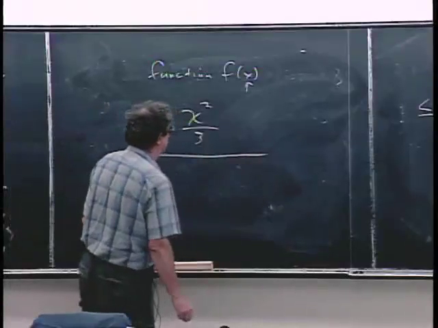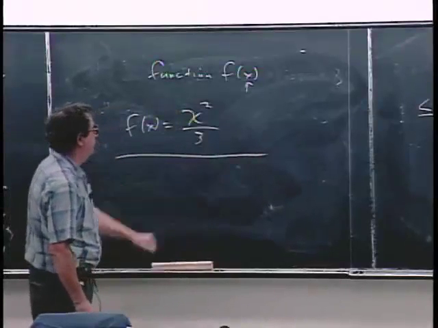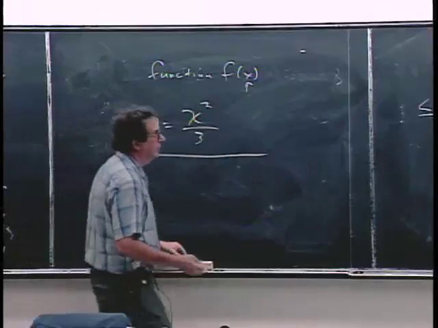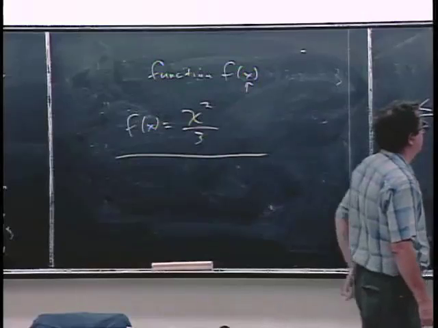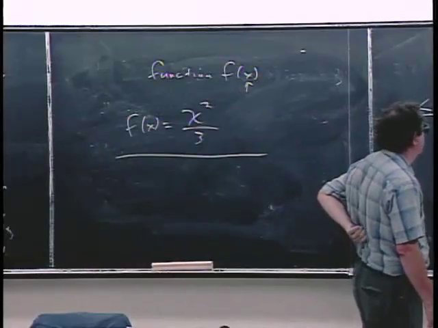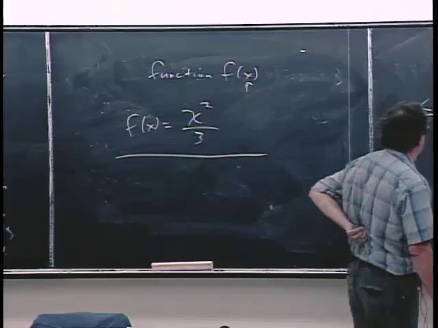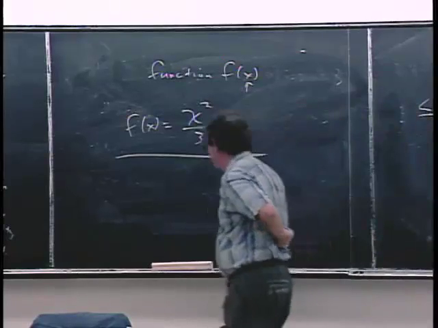Now, a Turing machine accepts strings or rejects strings or doesn't. It could perhaps not halt. And how do we think about a Turing machine as actually computing a function? We can think of it in a couple of ways.